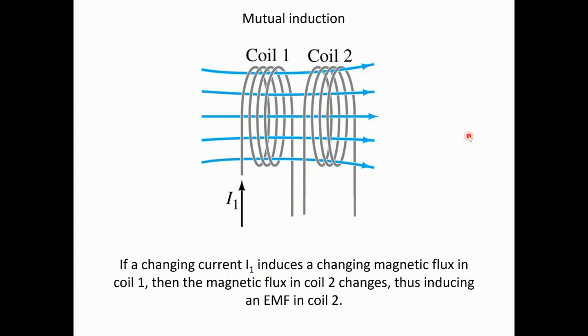Do you guys have cell phones or smart watches that you charge by putting them on a plate? This is how that works. The plate is like coil 1. There's coils in there, and there's a current that goes in there. It's probably an alternating current that goes back and forth. So that's creating and destroying a magnetic field, and then putting a magnetic field the other direction, destroying it, and going back and forth.